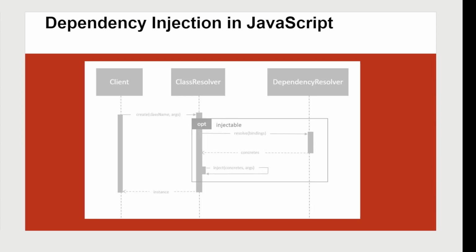We will use a slightly altered approach to the topic, and we will implement constructor-based injection in vanilla JavaScript. At the end of the talk, I will give you a link where you can find the ExtJS-based implementation, and it's fully tested and production ready, so you can use it with your projects.